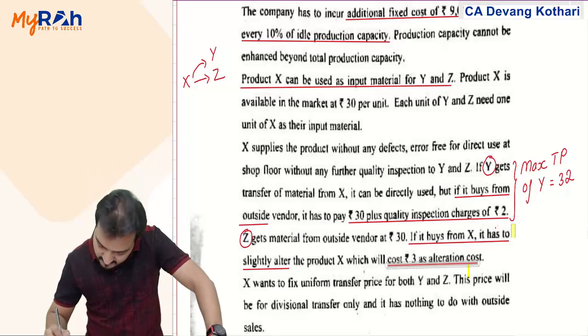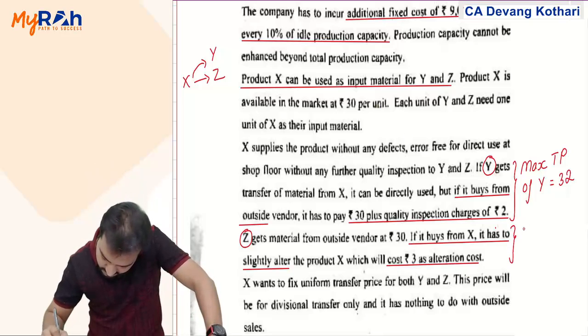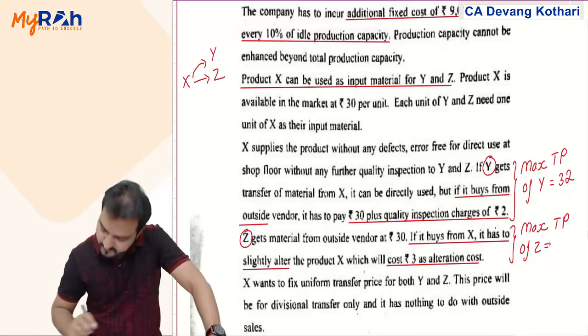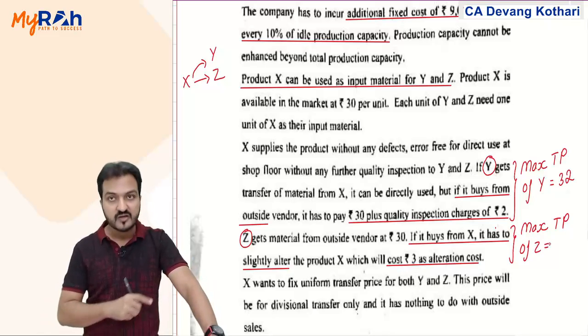So in that case, maximum TP that Z will be ready to pay will become 30 minus 3.